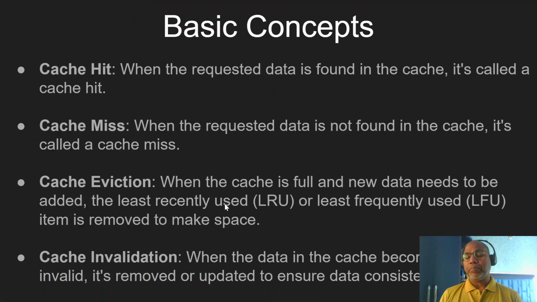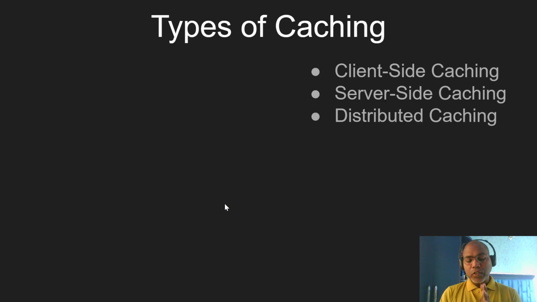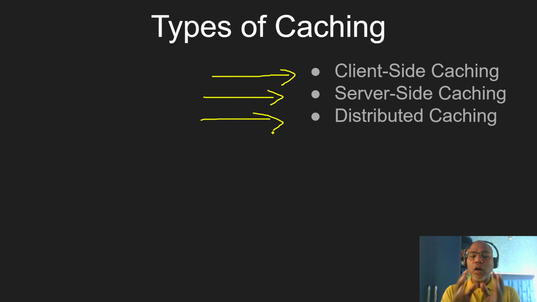So let's talk about the types of cache, depending upon the nature of our application. Generally, we are working on a client-server based application, or a server-side application, or maybe a distributed one. So caching is not limited to only one place.